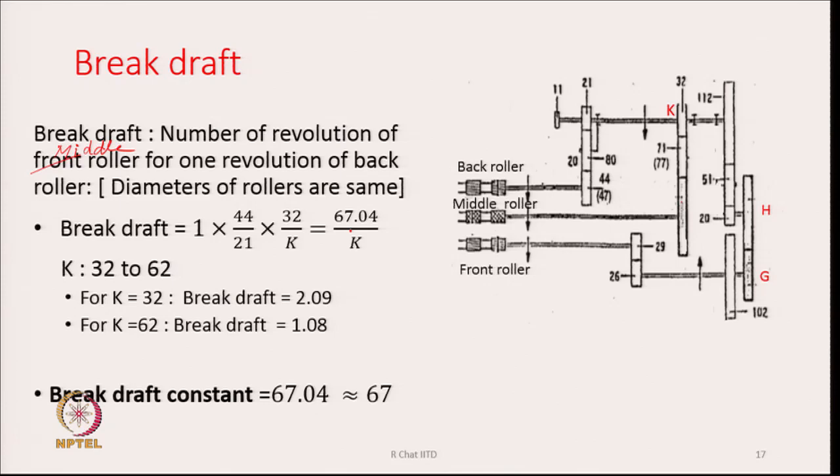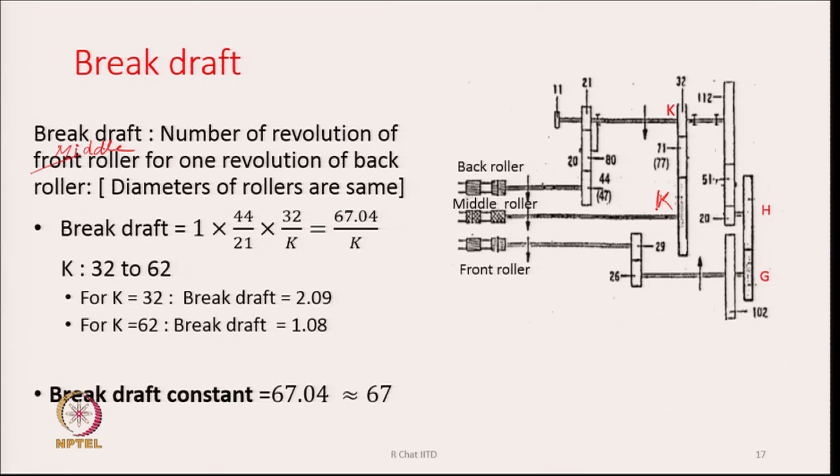If I choose K to be 32, the break draft becomes 2.09. So, the K is actually here. And for K to be 62, the break draft is going to be 1.08.